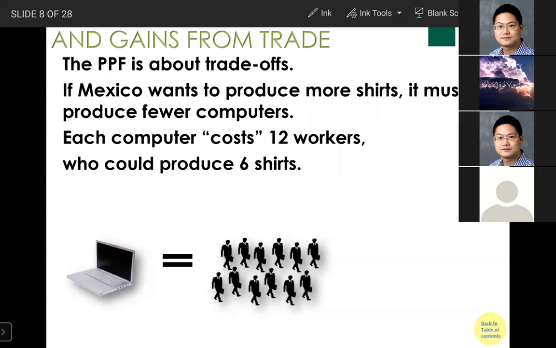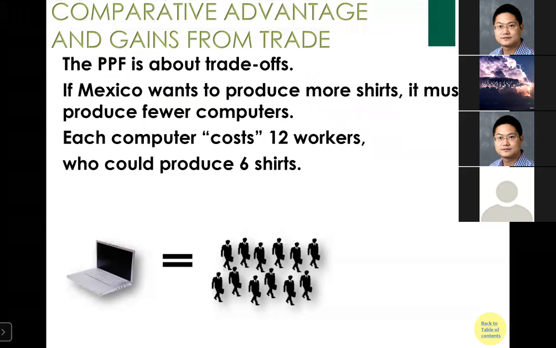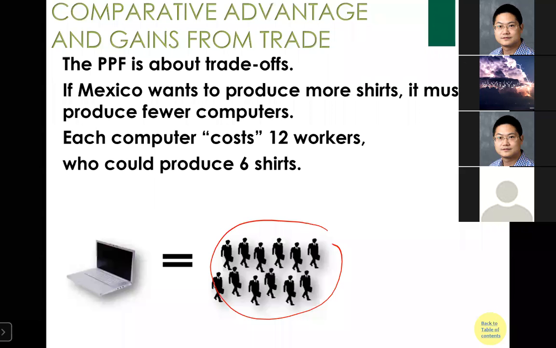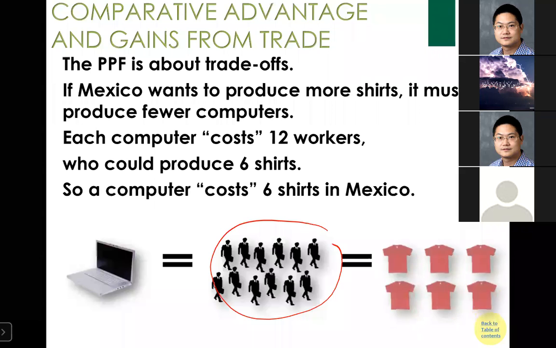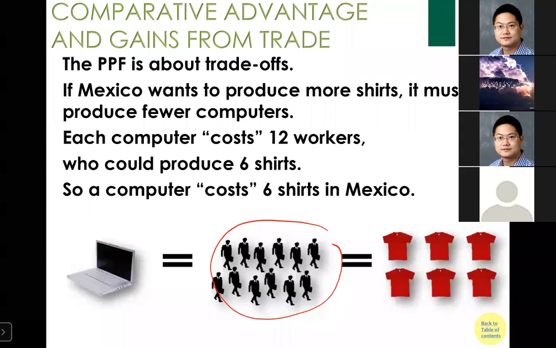But when we allocate these 12 workers to producing a computer, we miss the opportunity to produce shirts, because each 2 workers can produce 1 shirt, and these 12 workers can produce 6 shirts.